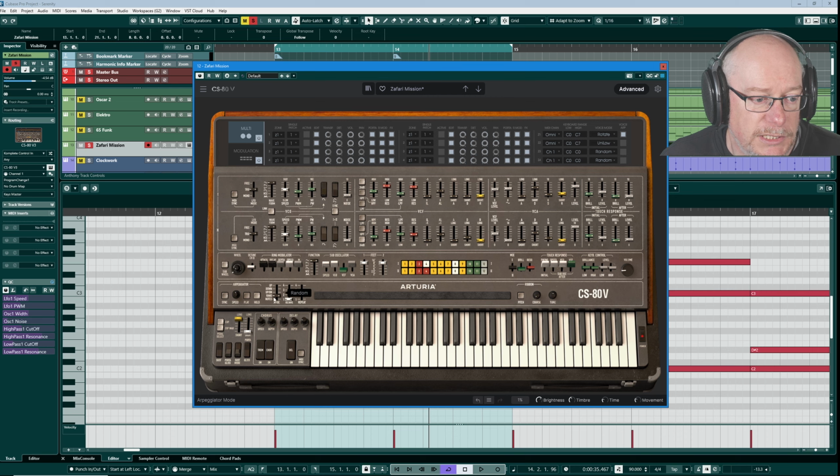What's going on in this preset is that the arpeggiator is playing the notes back in a random sequence, but that random sequence is being repeated. So basically whatever the arpeggiator chooses, it'll do that thing twice.